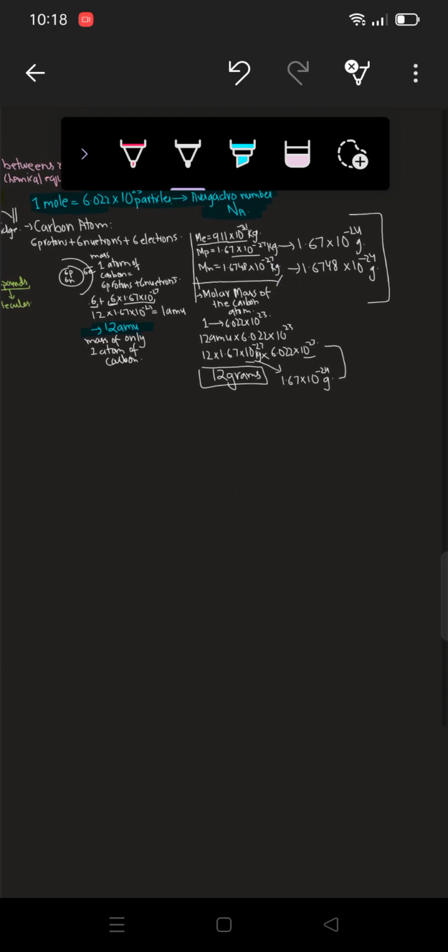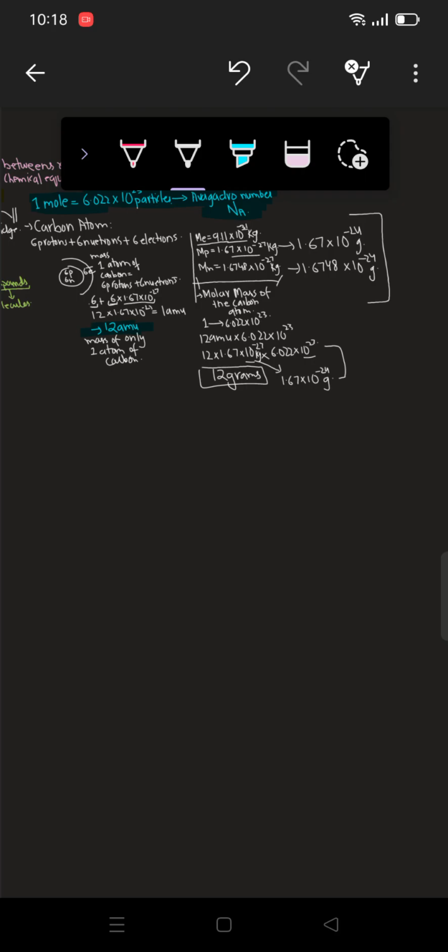So today we have seen what would be the mass of 1 mole of atoms. We know that 1 mole will have 6.022 into 10 to the power 23 particles, so its mass will be in grams, not in AMU.